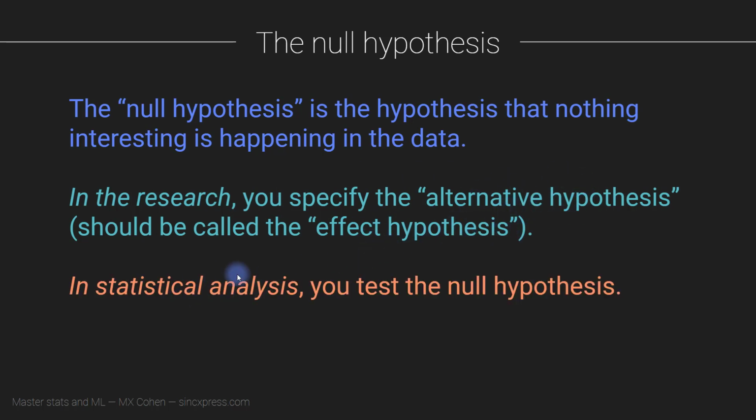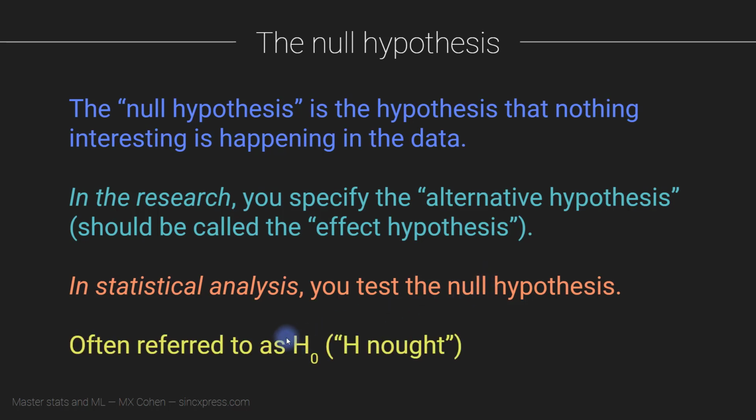So in statistical analyses, you set up your null hypothesis and your alternative hypothesis, and then you do various statistical techniques, which I will explain more in the next section. And those techniques allow you to test the probability that the null hypothesis is true. Now, most of the time, we're more interested in the alternative hypothesis, but we actually test the null hypothesis.